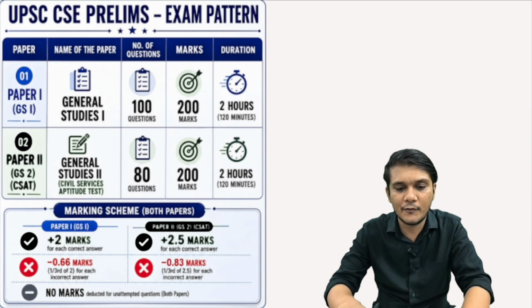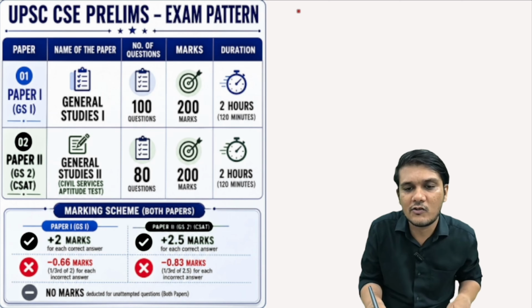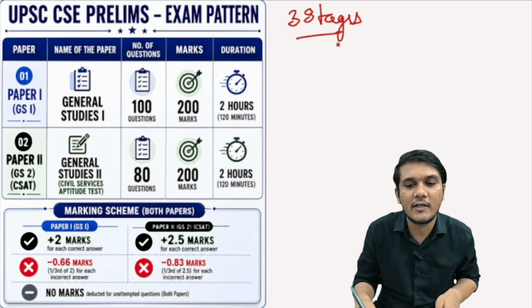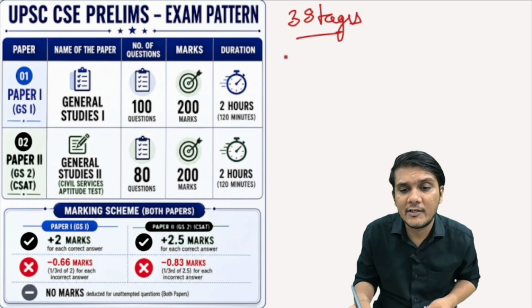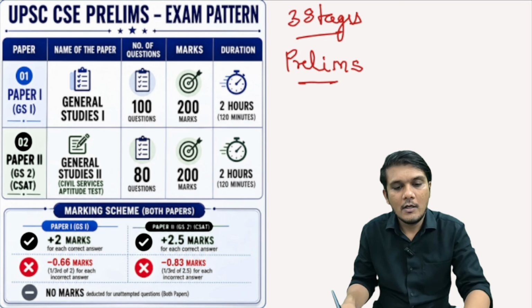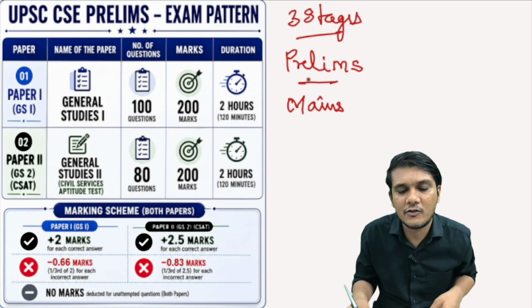Now, first things first, let me tell you that this examination consists of three stages. The very first stage is the prelims stage, also known as the preliminary stage. The second stage is the mains examination.